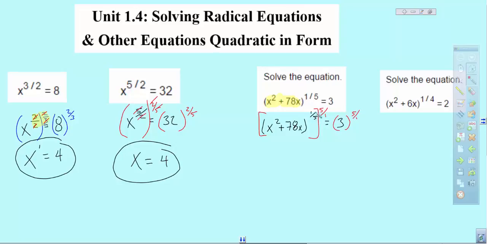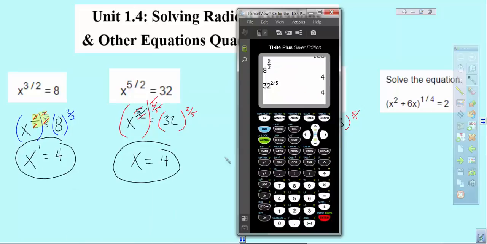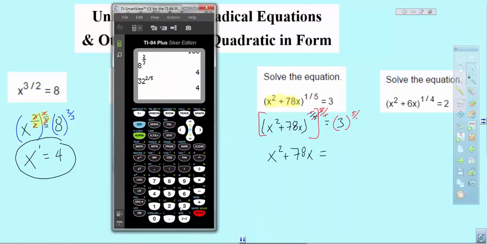On the left-hand side, the 1's go away, the 5's cancel each other out, and we're left with x squared plus 78x is equal to, and we take our calculator out, and we say 3 raised to the 5th power. If it makes you happy, you can put 5 over 1, and so we get 243.